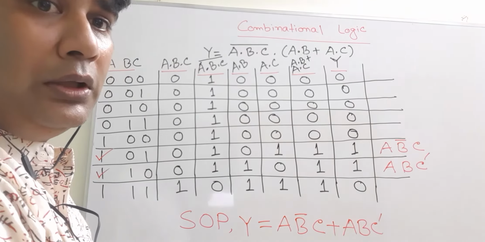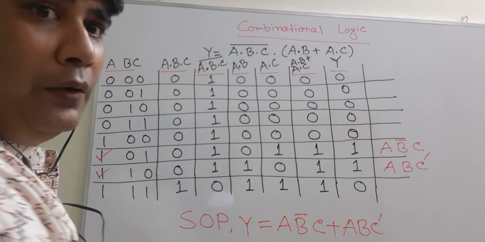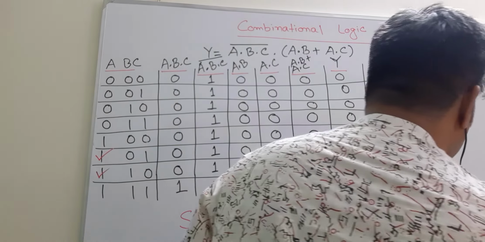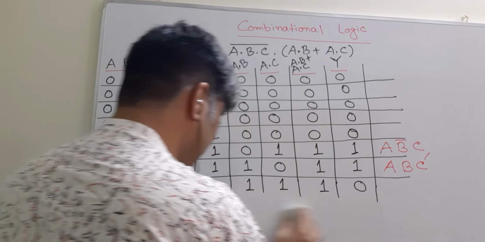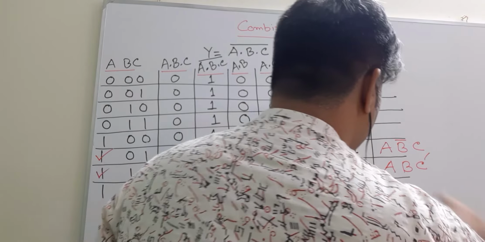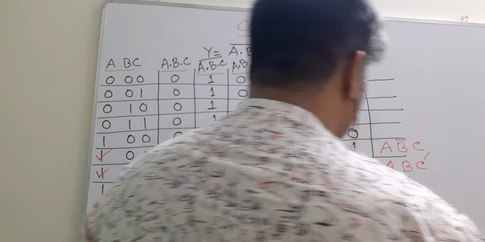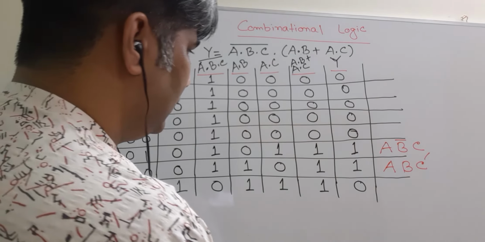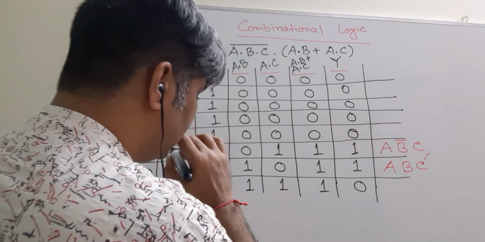Now the next part is how we can design a circuit for y. Now let's remove this one. Since we have these two products, we need to design a circuit which can signify this. How can we do that?